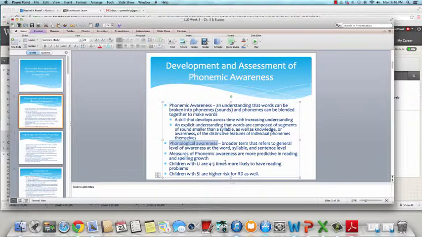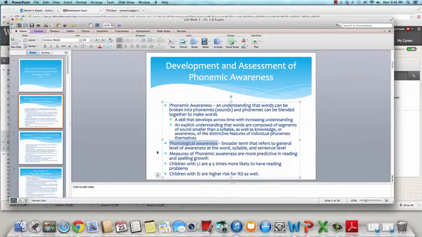So phonemic awareness is very narrow and focused at the phoneme level. Phonological awareness is a broader term that refers to general awareness at the word, syllable, and sentence level. So with phonological awareness, you add syllable and sentence. Phonemic awareness is just this sound level.